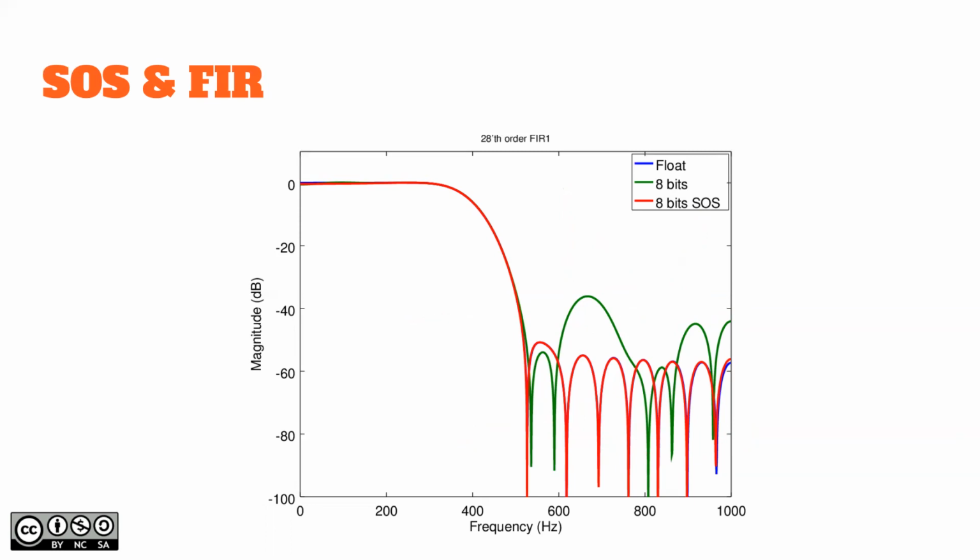But if you break that into second order systems, in this case we can see that the 8-bit second order system implementation has exactly the same amplitude response as the original floating point design. So that's the difference. For FIRs, you are just losing some of the stop band attenuation, which is not that dangerous if you can live with that.